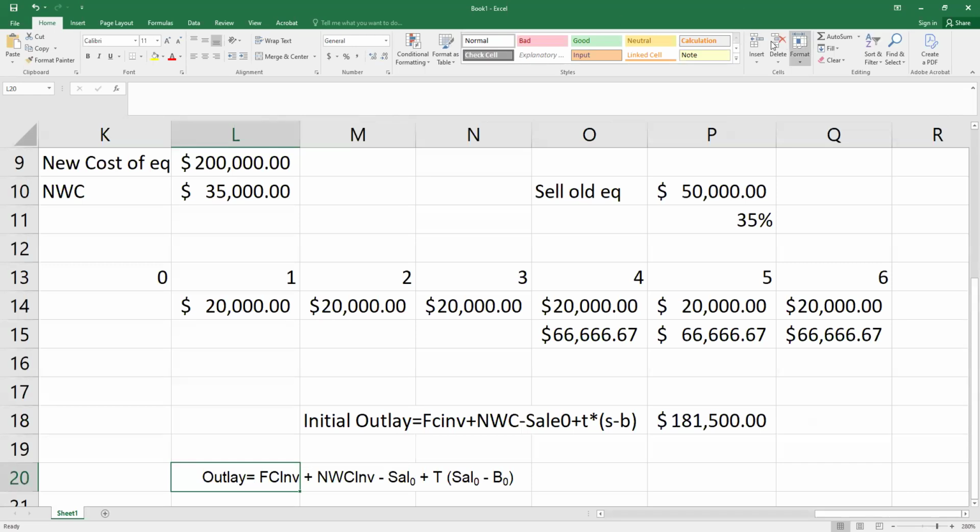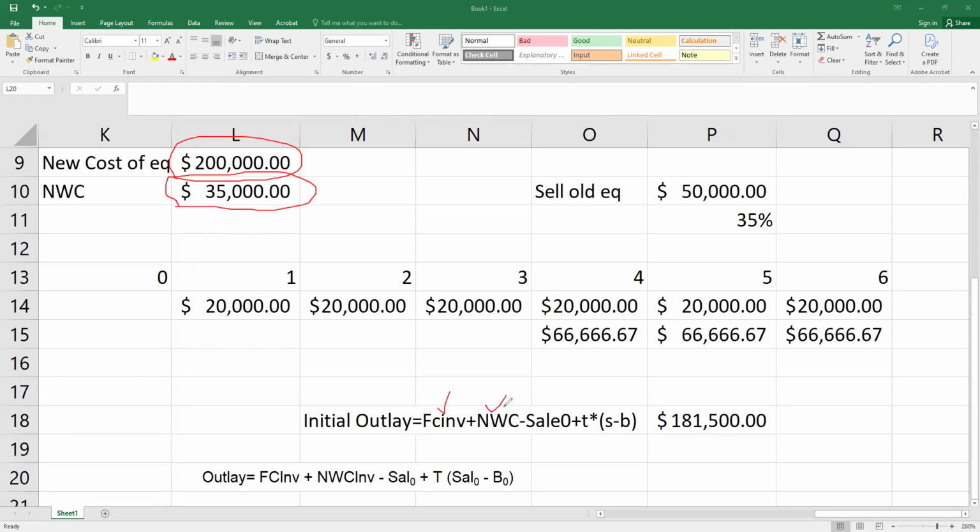First of all, the initial outlay shows you how much money you're going to be spending when you decide to replace your project. The first amount of money that you will spend is basically the purchase of the new equipment, which is this one. And then you have to include the net working capital too, like how much money you will need to put into daily operations, which is this.